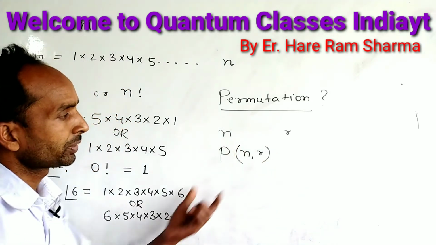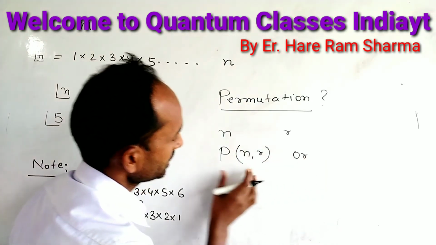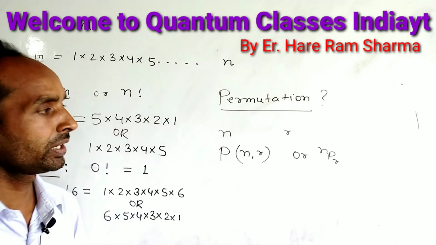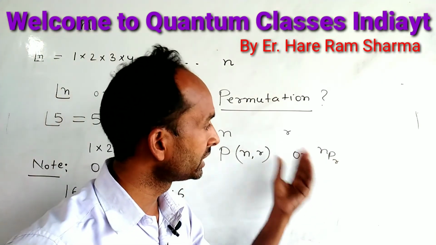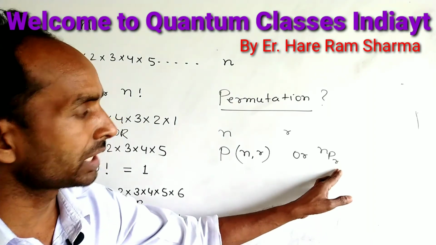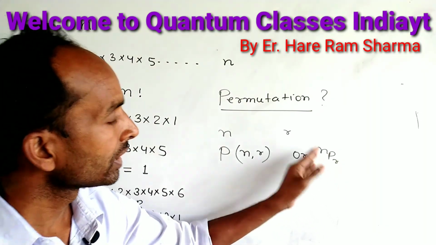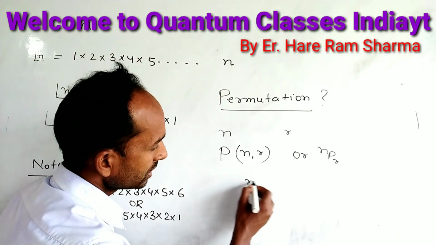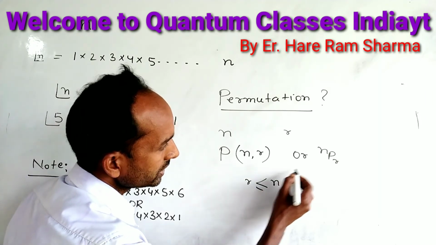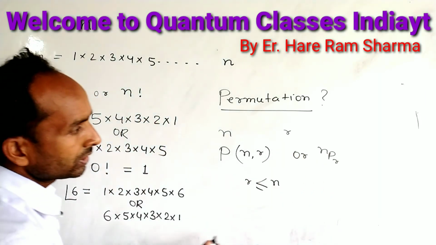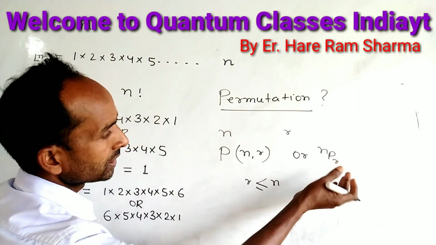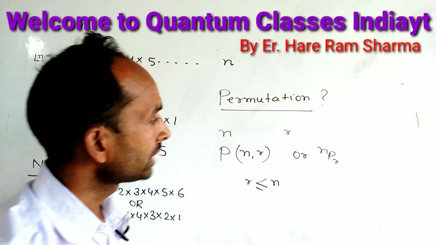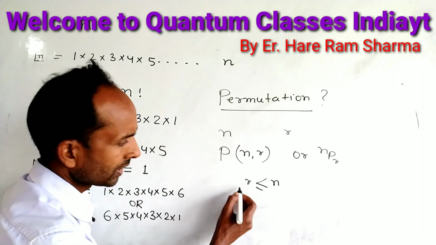This is the symbol of permutation, or another notation of permutation is nPr, where n is the number of different objects and we have to select only r objects from n. That means r will always be less than or equal to n, because the number of objects selected must always be less than or equal to n, not greater than n.